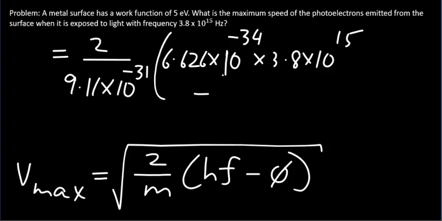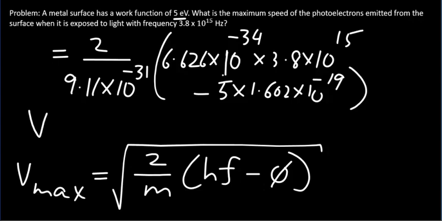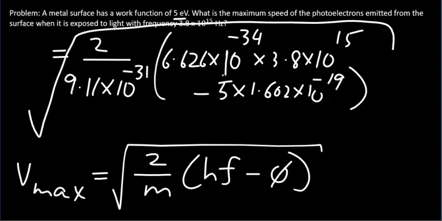Note the work function is given in electron volts, so you have to turn that into joules. So 5 electron volts is equivalent to 5 times 1.602 times 10 to the power minus 19 joules. And we have to take the square root of all that.